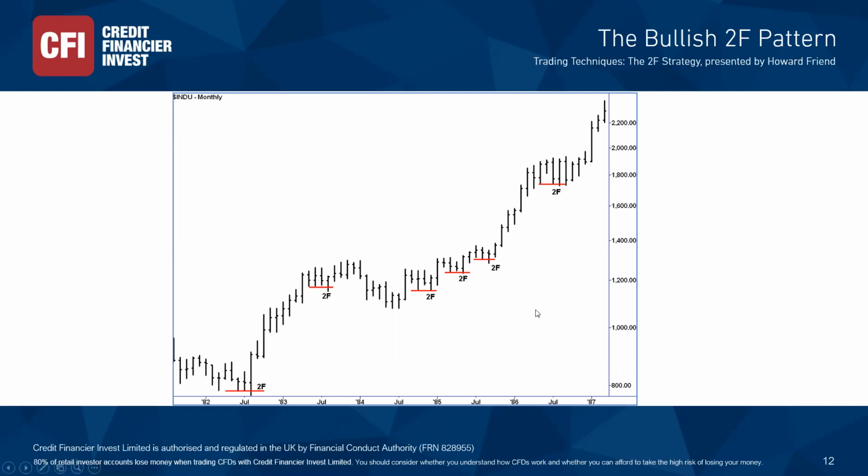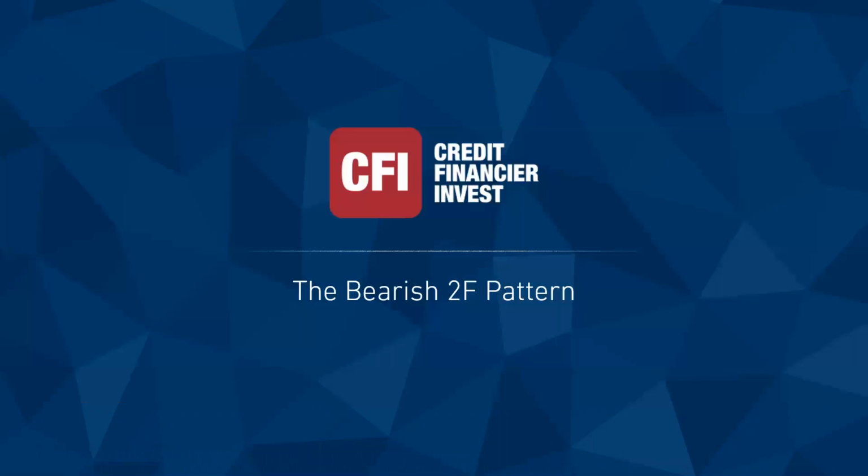You could even try to anticipate the 2F forming by drilling down to charts of a smaller time frame. So you could be looking at the monthly chart here to say, okay, we're just breaking through the 2-month low and the trend is up. Okay, let's look at our daily charts, and that might give us an early indication that the major trend is resuming. Okay, so that's the bullish setup.